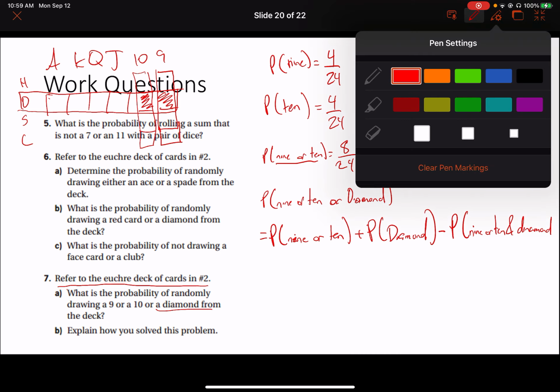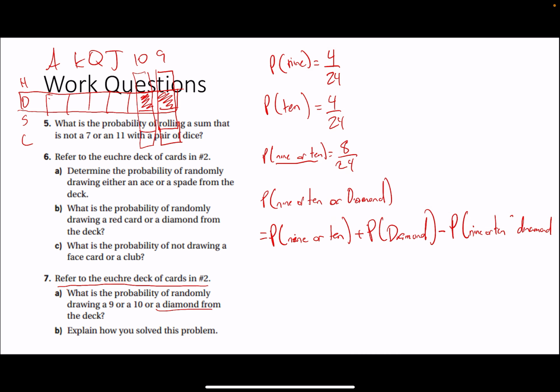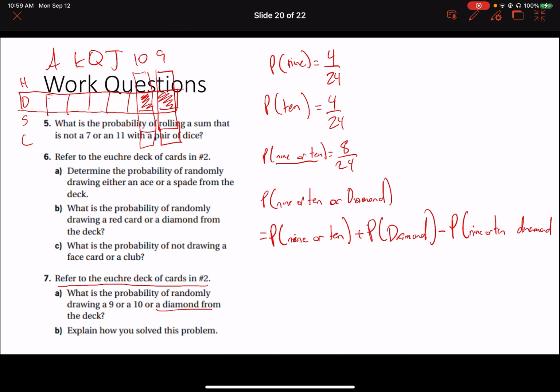There's actually a good notation for and. We're not using it yet, so we'll use it later. And that's basically, what's the probability of 9 or 10? We already did that. It's 8 over 24. Plus the probability that it's a diamond, it's basically 6 over 24. 1/4 of them are diamond.